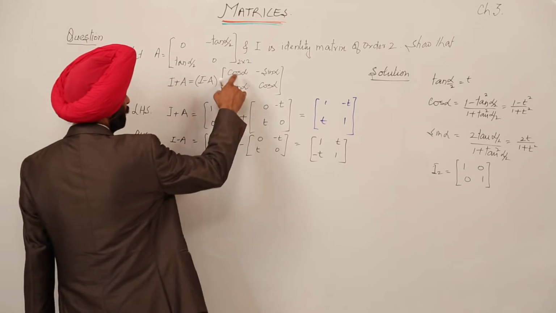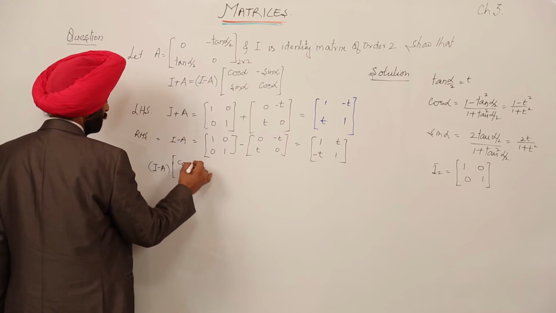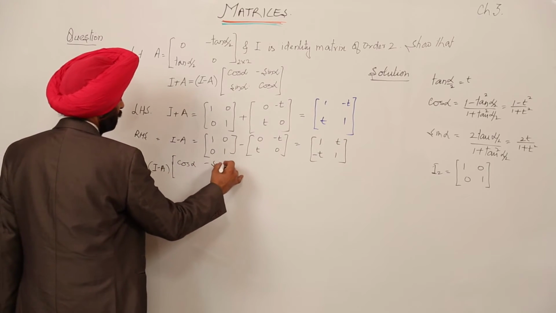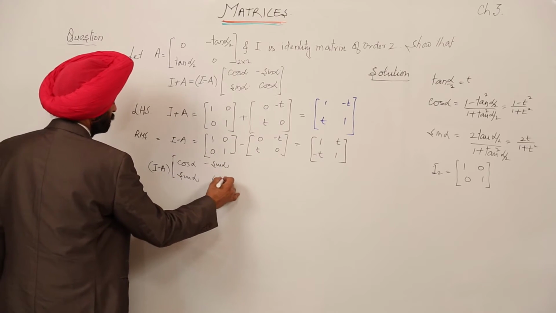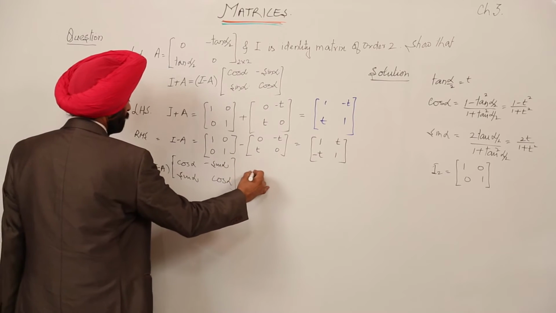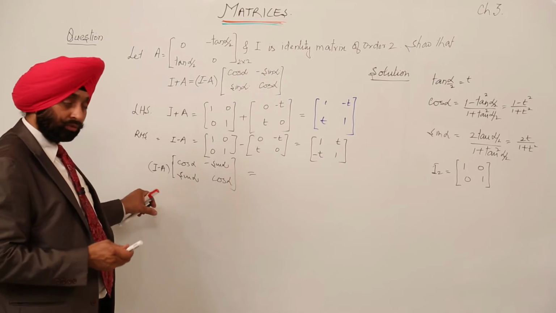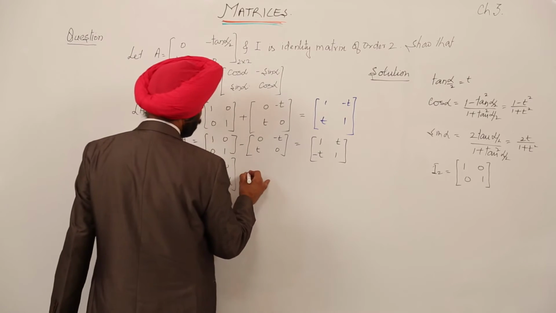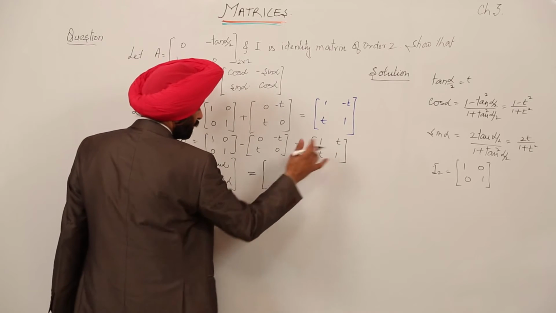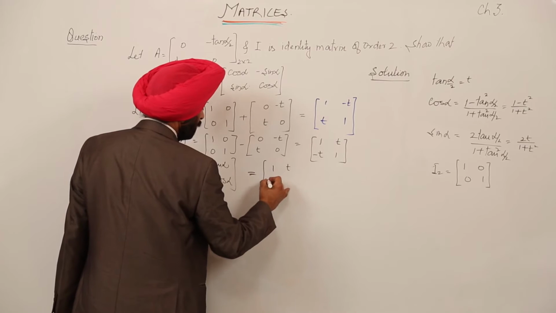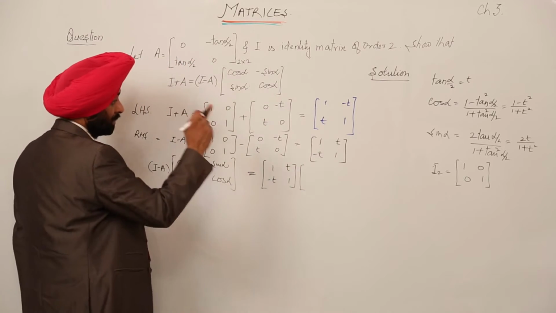Now we are having I minus A with cos alpha, minus sin alpha, sin alpha and cos alpha. First of all, I minus A was 1 t, minus t 1, with cos alpha.